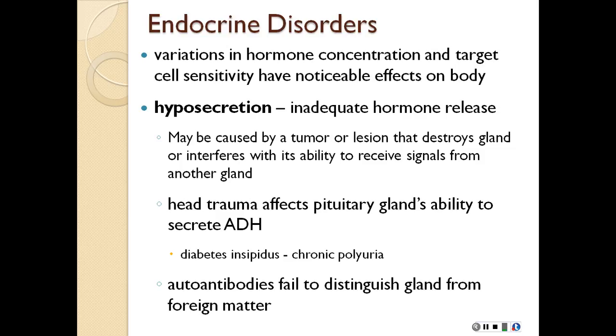What this one has to do with is damage to the pituitary gland and the inability of the damaged pituitary gland to secrete ADH. So instead of retaining water, what happens? Excessive urination, so too much water is being lost. Okay? And we'll see that in diabetes mellitus, which has to do with blood glucose, there's also polyuria, but the reason is different.